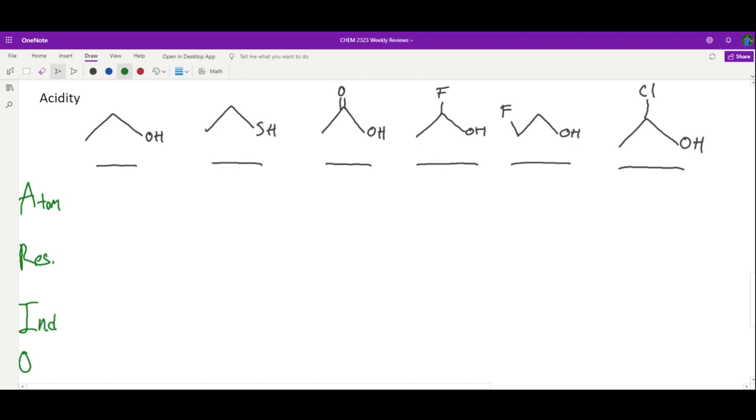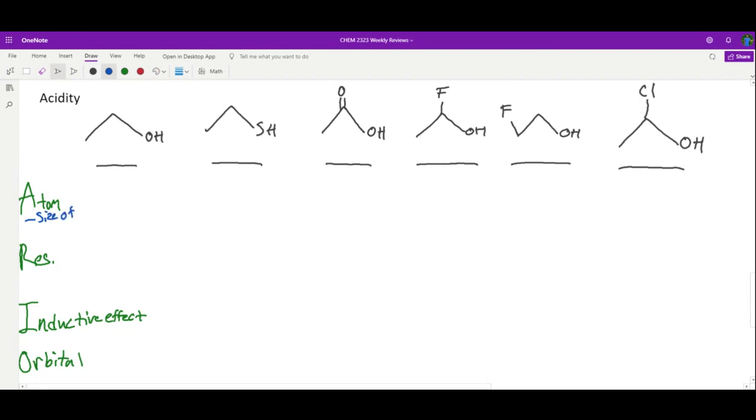I stands for inductive effects. And O, you guessed it, stands for orbital.